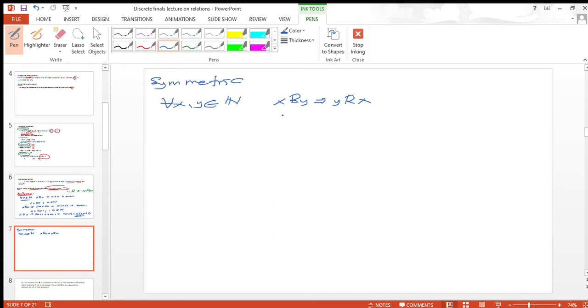So if we get x and y from the set of natural numbers, x plus y implies y plus x. So ang sinasabi natin dito is, kung gagamitin natin definition, di ba? Pag ginamit natin definition ng R, ano yung sinabi niya sa R? Dapat x plus y is even. And then, y plus x, dapat ang lalabas sa y plus x is also even.